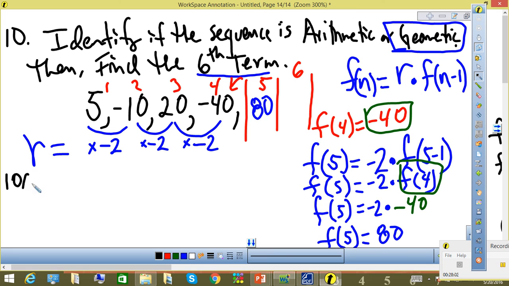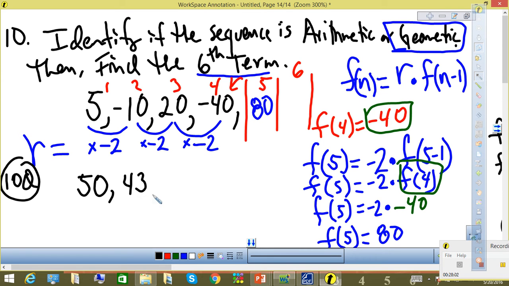This is 10Q. Write this pattern down. 50, 43, 36, 29.